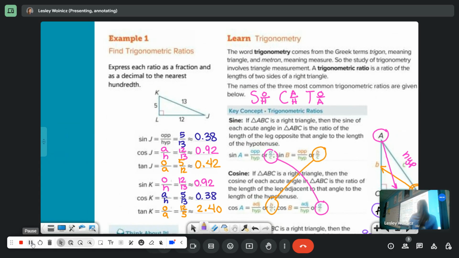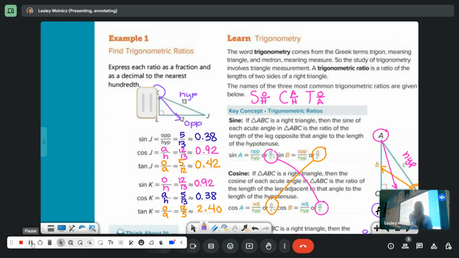So if I'm looking at angle K, which side is across? Okay, so that's the opposite side. This one can't be adjacent because it's already the hypotenuse, right? So this other one has to be the adjacent. Did that make sense?